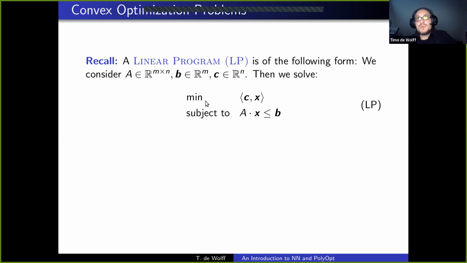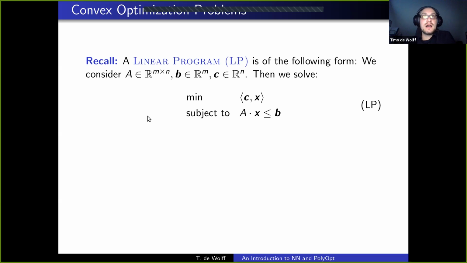Then the problem that we solve is we minimize a linear form induced by the c, and then we add a bunch of constraints, which I write compactly as multiplying a matrix with this vector x and then being smaller or equal than some vector. Basically, every row of this gives me one linear condition to satisfy.